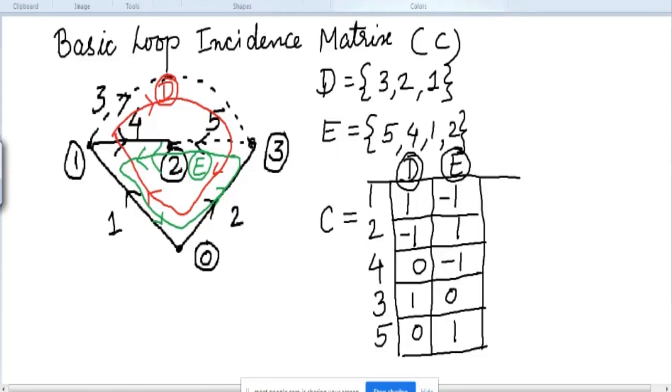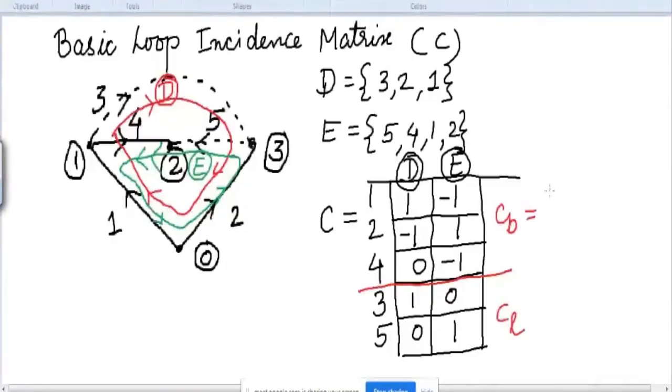Then we have to make the partition. So this is the partition. This will be C, and the lower portion will be CL. So the upper portion matrix is 1, -1, -1, 1, 0, -1.